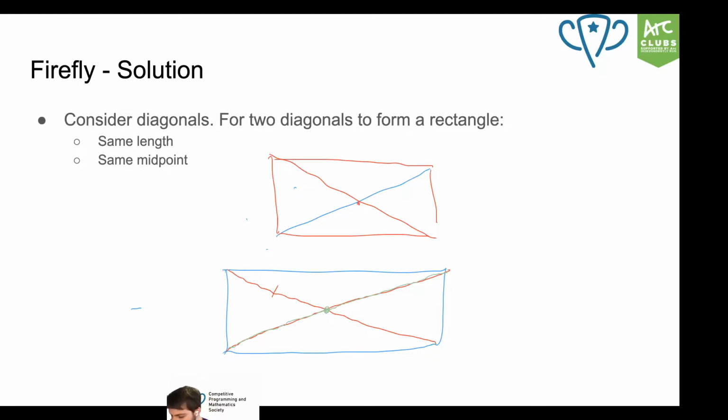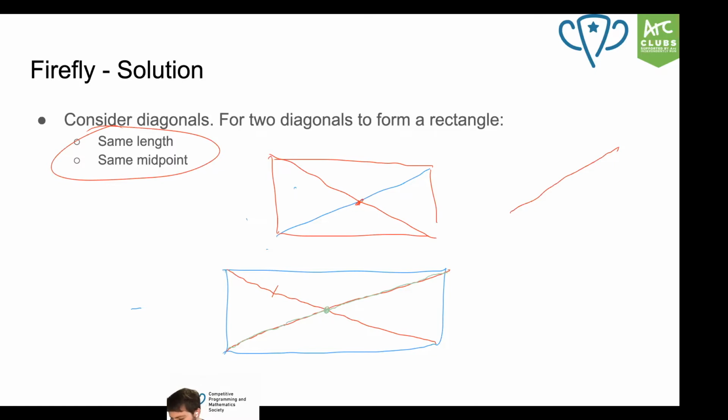To convince yourself why it is true, let's look at the first direction. First of all, if we have a rectangle, then these two conditions are definitely met. If we have these two conditions met, do we have a rectangle? The answer is yes. Again, you can prove it properly, but in the interest of time, the idea is if you draw out a few cases, you can convince yourself why it's true. And if you want to prove it formally, I'll leave that up to you.